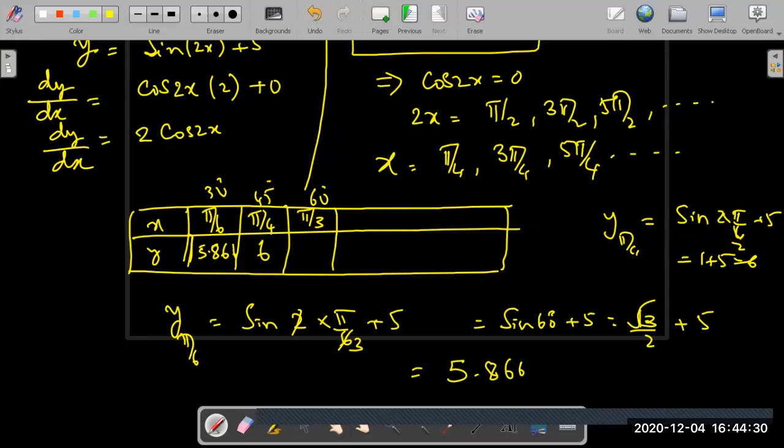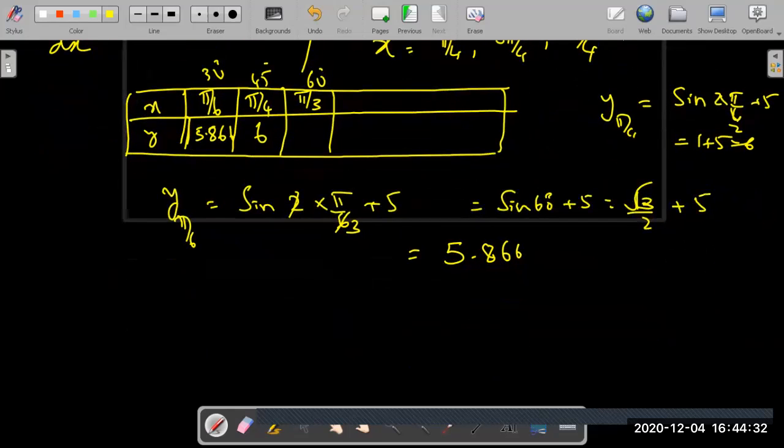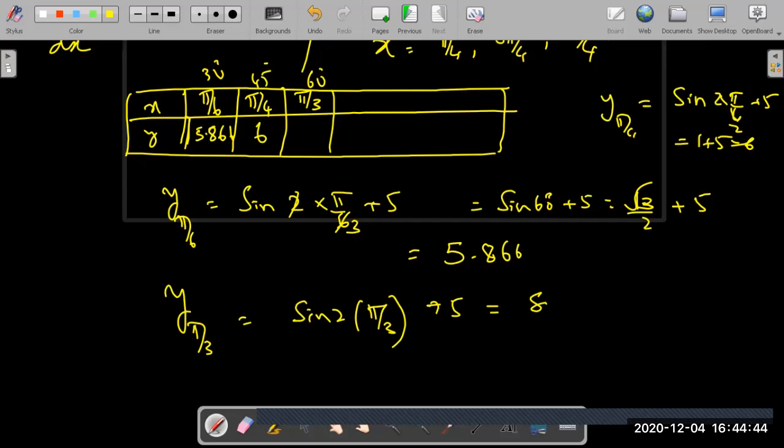And we want to try the y value at pi by 3. That equals sine 2 into pi by 3 plus 5. Sine 2 pi by 3 is nothing but sine 120 degrees plus 5. Sine 120 is the same, 0.866 plus 5, so you get 5.866.